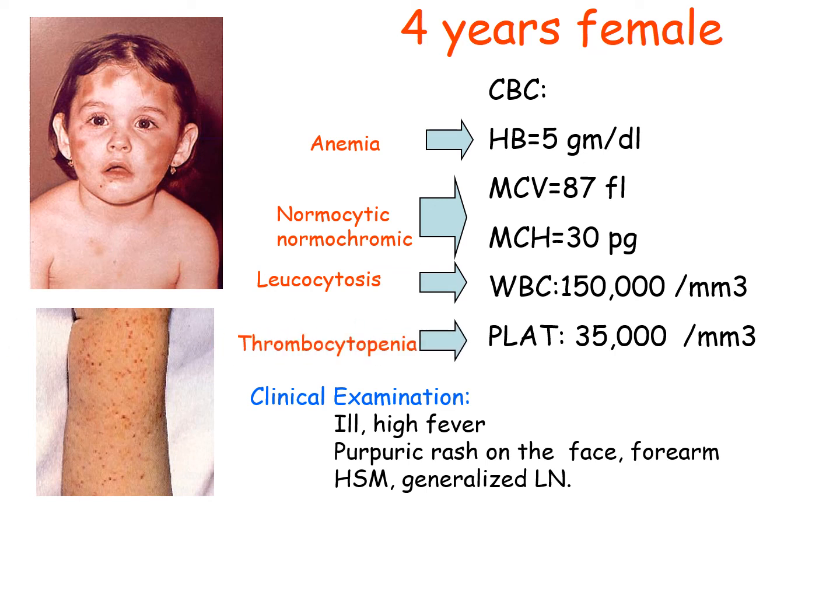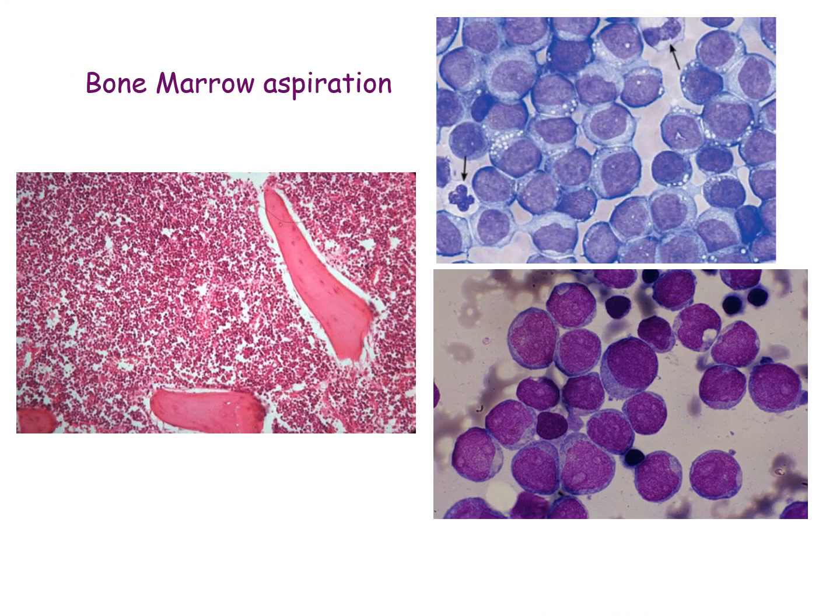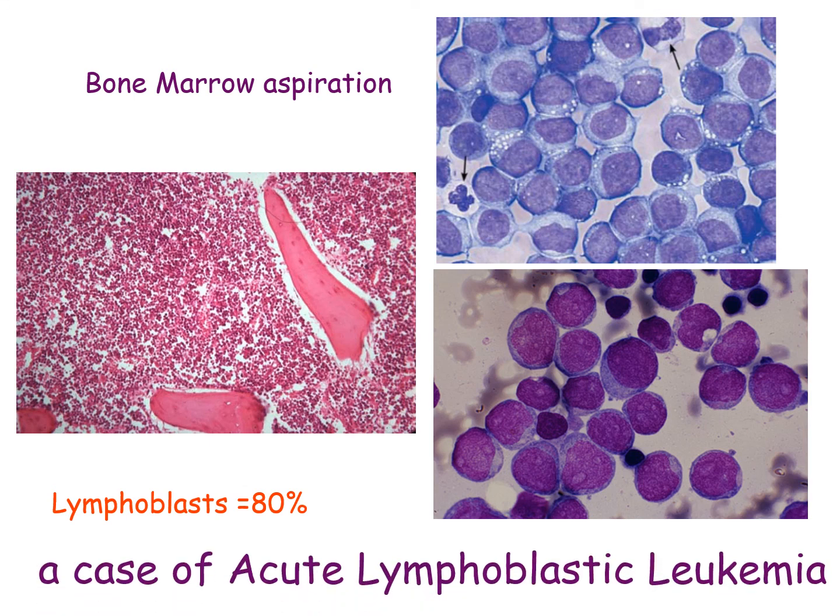So what do you think? I think you have to think of leukemia, so you have to do a bone marrow aspiration. When the aspiration was done, it revealed infiltration with blast cells, about 80%. Okay, so now the patient is a case of acute lymphoblastic leukemia.